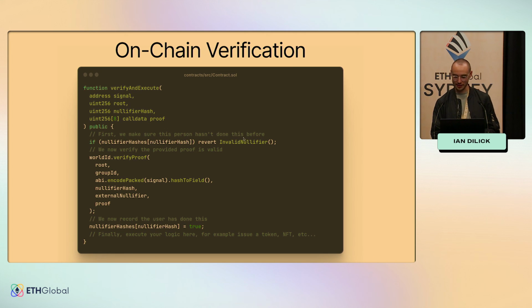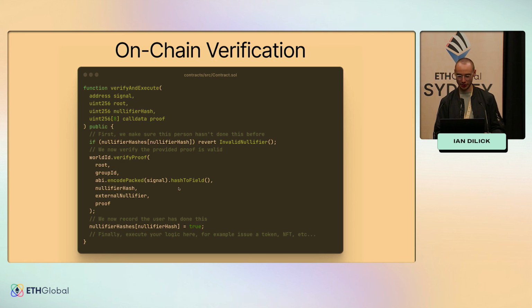Once we know we haven't seen this nullifier hash before, we call verify proof on that World ID router and pass it the root, the group ID, which will currently always be 1 for on-chain applications. That group ID of 1 specifically signifies that this is orb verification. We hash the signal a specific way in order to make sure it's within the field of the curves used for the zero-knowledge proof system.